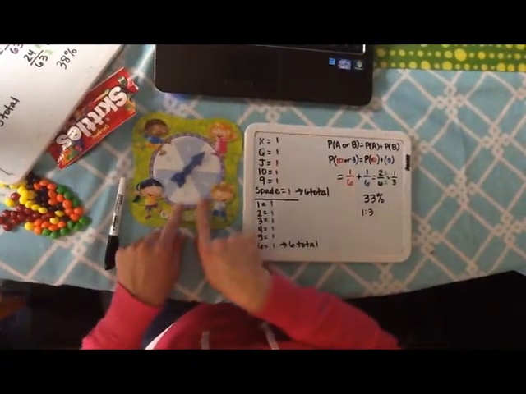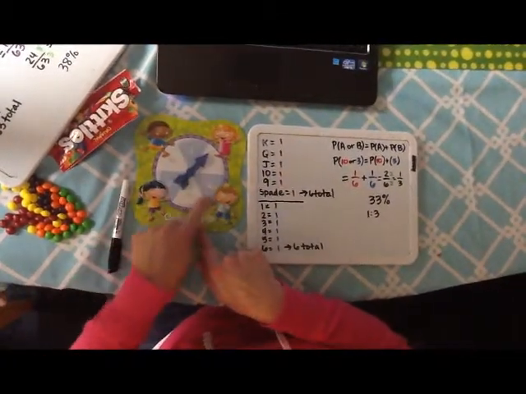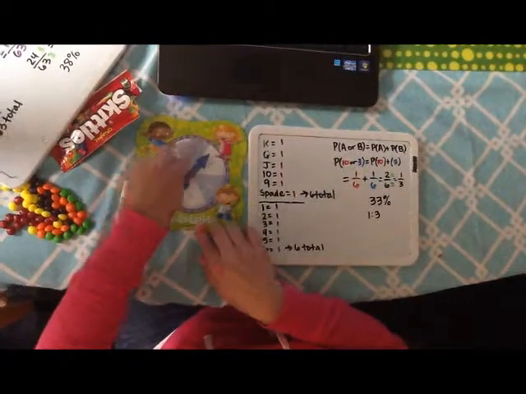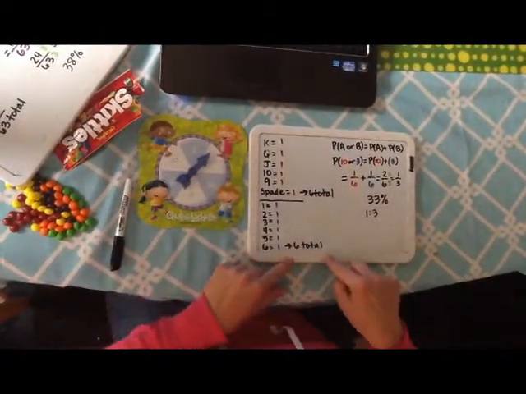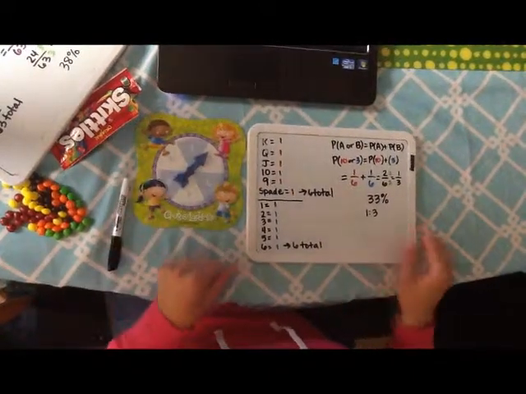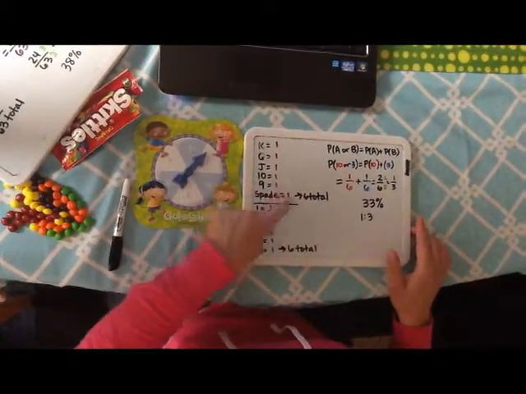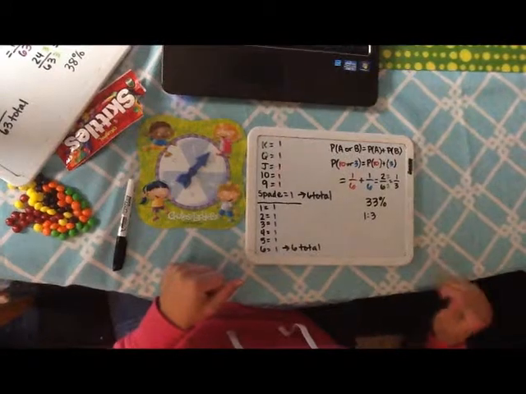And on the spinner, there's 1, 2, 3, 4, 5, 6 spots that the spinner could land. So we know that there are 6 total possibilities, and since there's only one of each, it just goes 1.